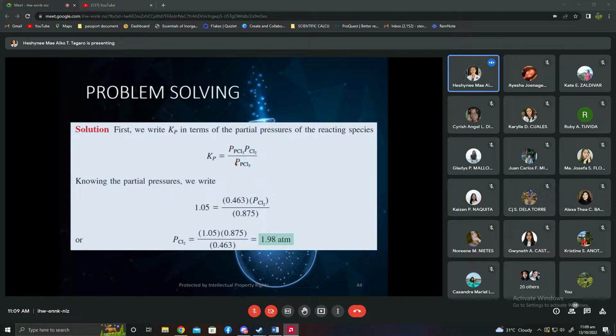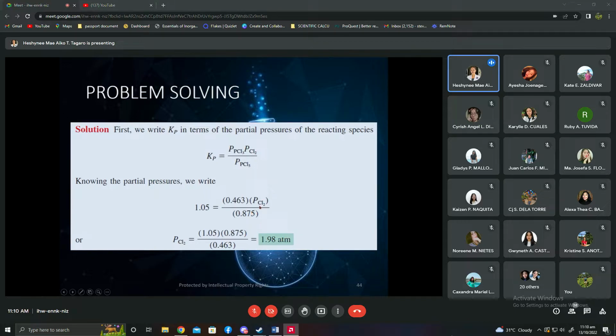All right. And after which, we substitute the value. So Kp is 1.05. We have here the pressure for PCl3 and the pressure for your PCl5. So transpose na naman ni ang matabo. Kaya X ang inyo nga pressure for your chlorine.